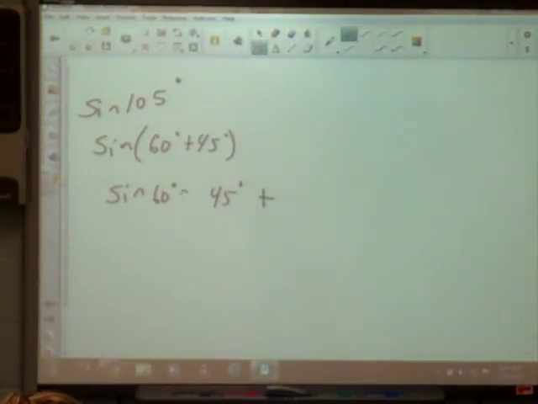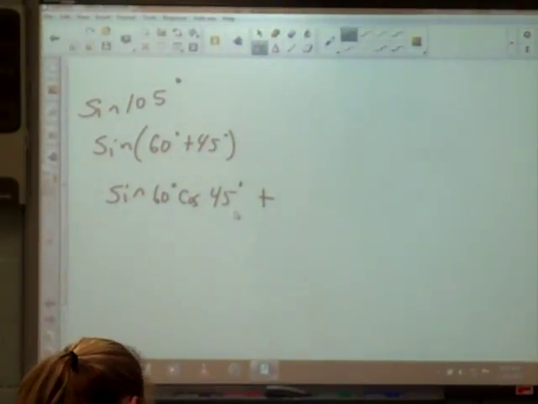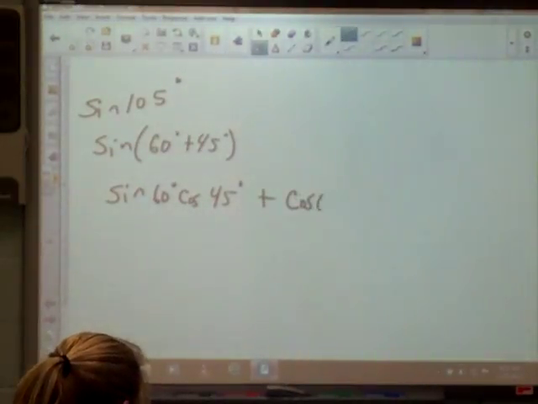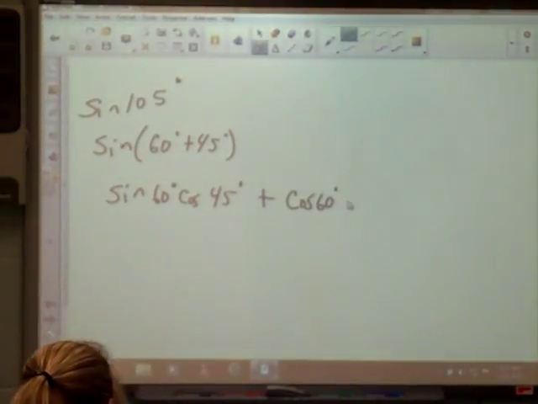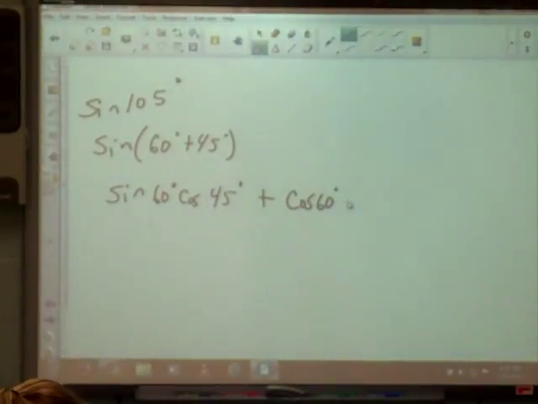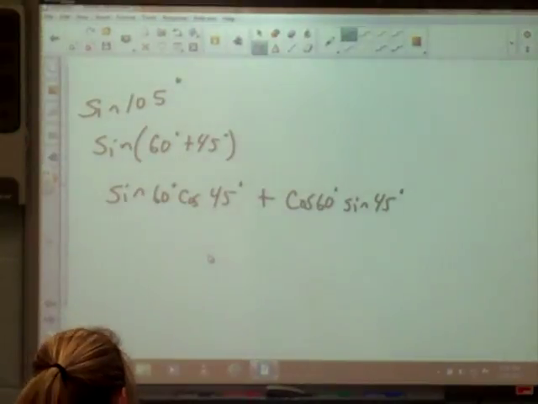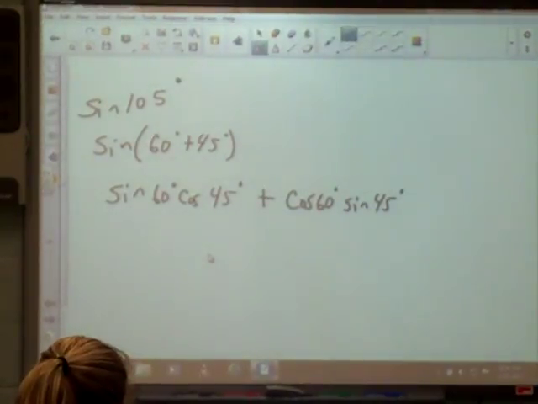Thank you. Okay, then I'm going to add that to the cosine of 60 times the sine of 45. Now you know those values for 60 and 45 from your unit circle. So I'm going to go to my unit circle now, and I'm finding 60 degrees.